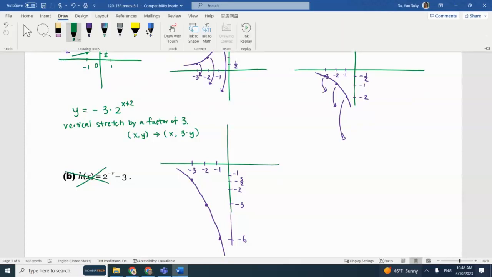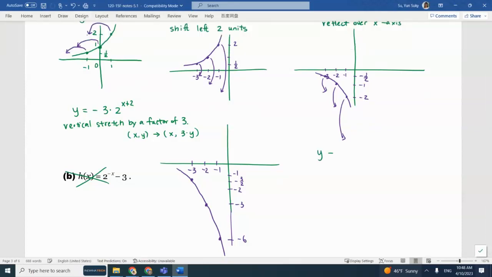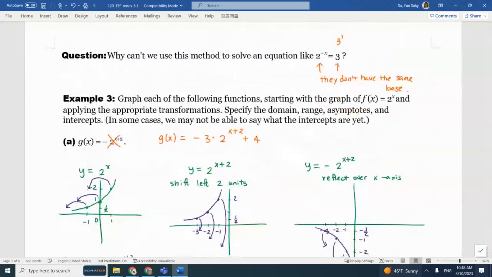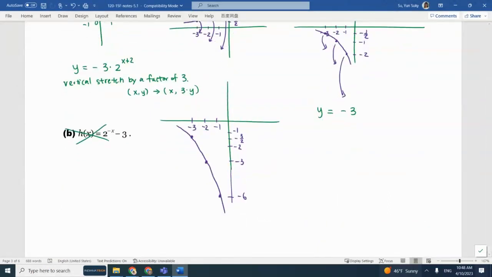Okay, what is the last one? Yeah, shift up 4 units. So -3 times 2 to the x plus 2, plus 4. We shift up 4 units. Okay, let's see what happened.